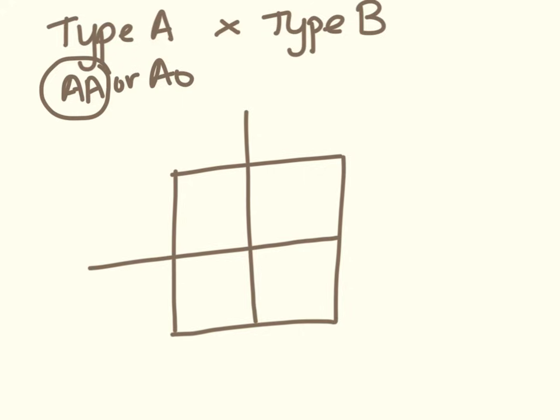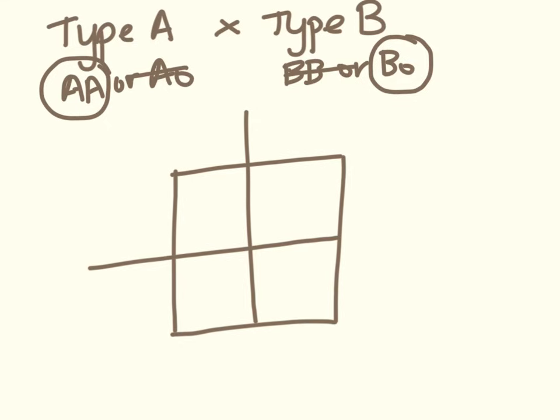For type B blood, we could have BB or we could have BO. And in the problem it states that the type B individual is heterozygous. So that means that they have the B with the O characteristic also.